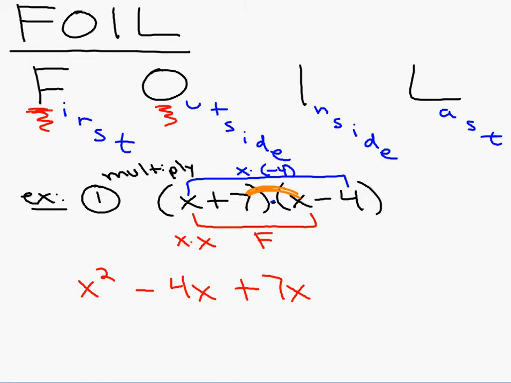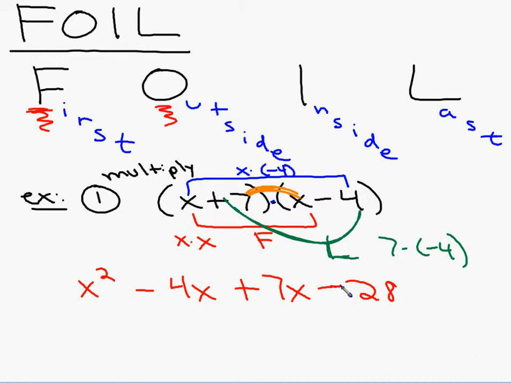Finally, I need to do the last terms. The last terms are positive 7 and negative 4. Those are the last terms. So what is, L for last, what is 7 times negative 4? Negative 28. So I need to write a minus 28. Now, the only thing I have left to do is to combine like terms.